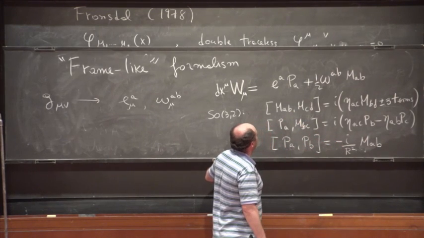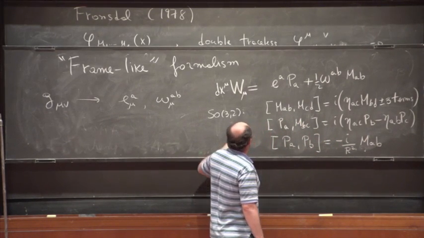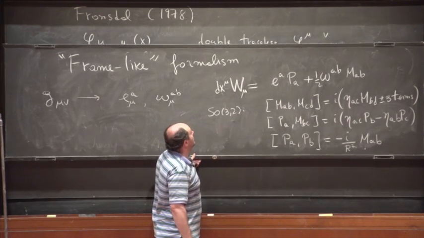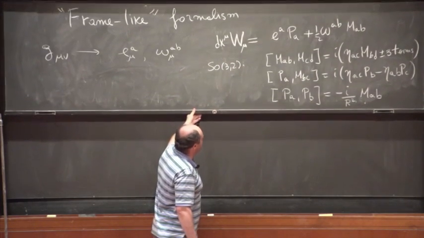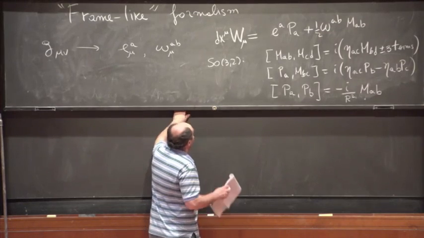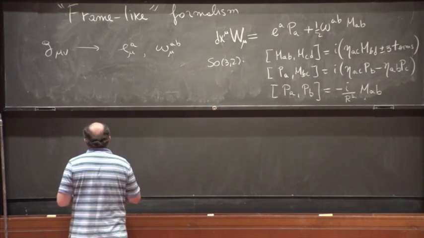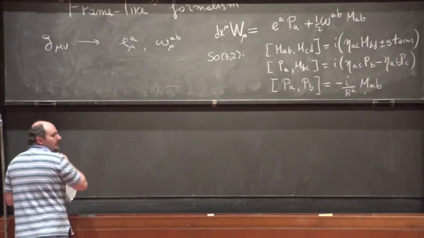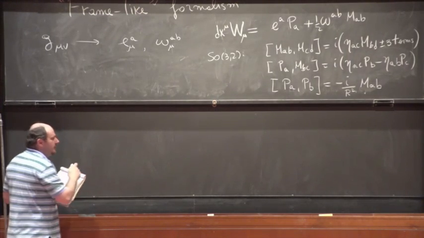Okay, so we can combine E and omega into a single SO(3,2) gauge field if we are discussing gravity with negative cosmological constant. And as we do usually in Yang-Mills theories, we can compute the curvature of this gauge field.